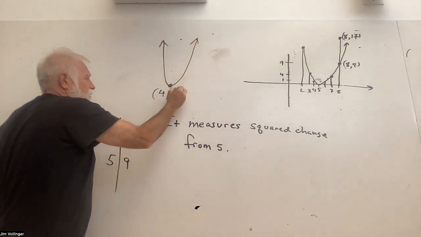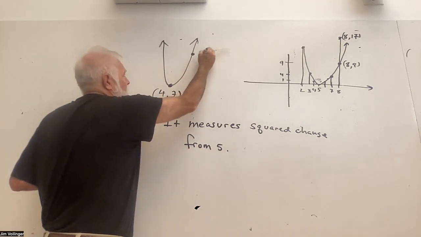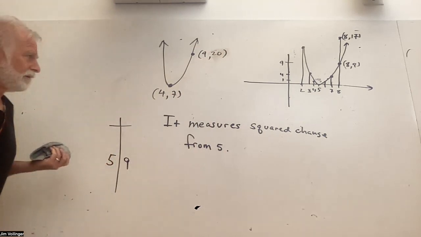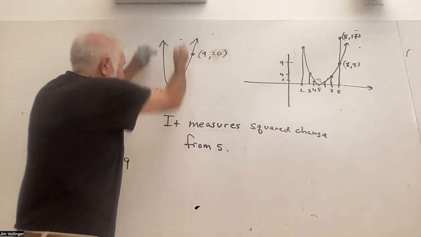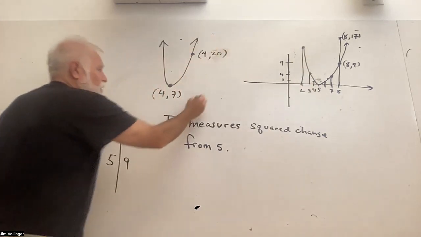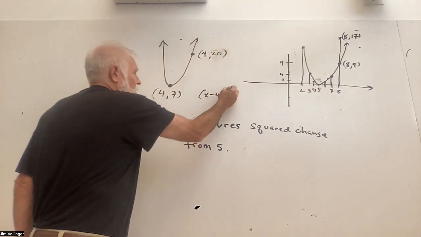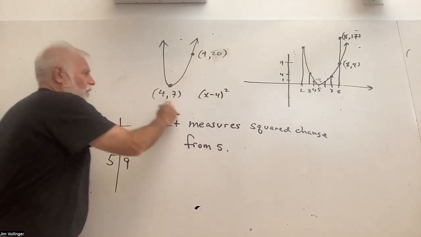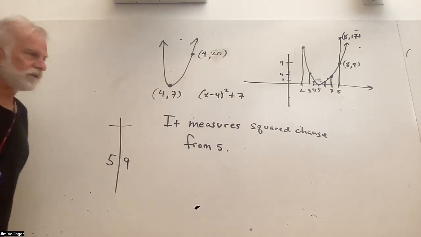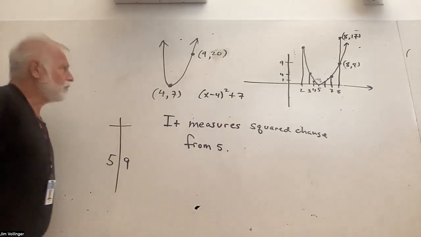So let's go 4, 7, and let's say you get 9 and 20. So what's that equation? Well, we're measuring square. We see the signature of the squaring process. So I would hope you'd start with x minus 4 squared, but we're not starting from 0 anymore. So we got an initial condition here. 7 units are already present. And what are we trying to get to?